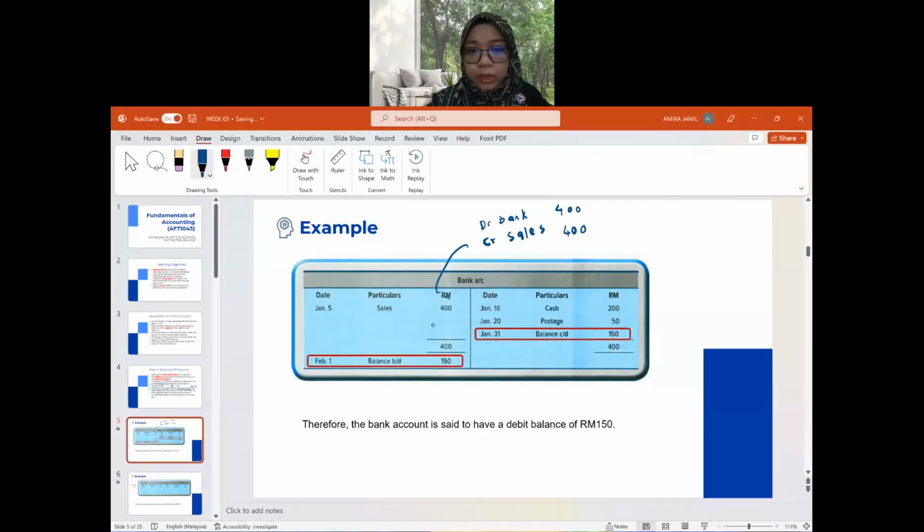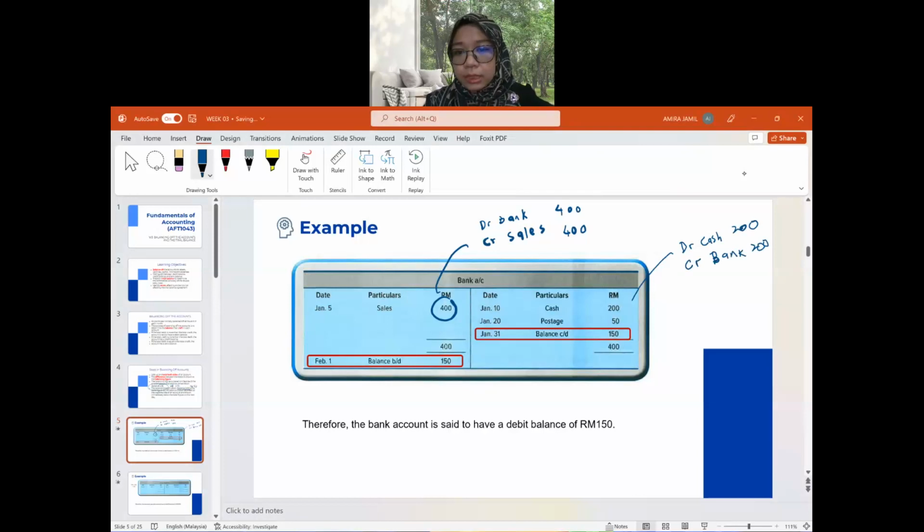We will record 400 here. And then when we transfer from the bank account to the cash account, it will be debit cash and then credit bank account 200.